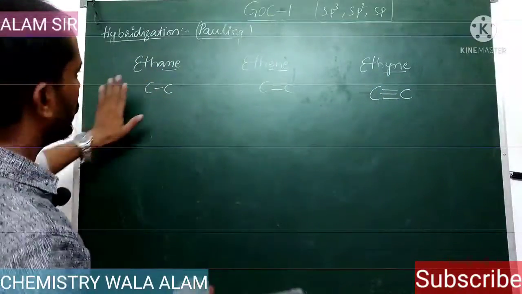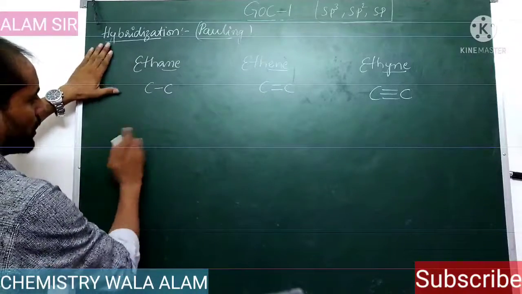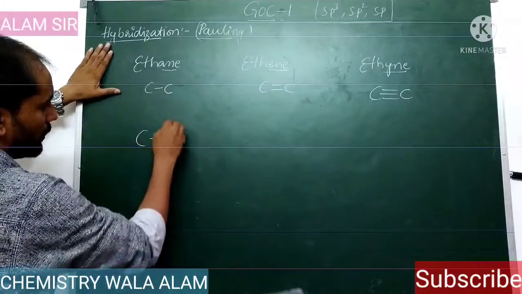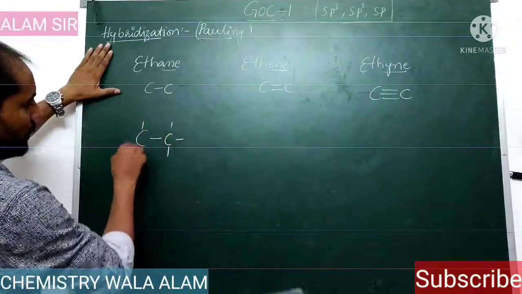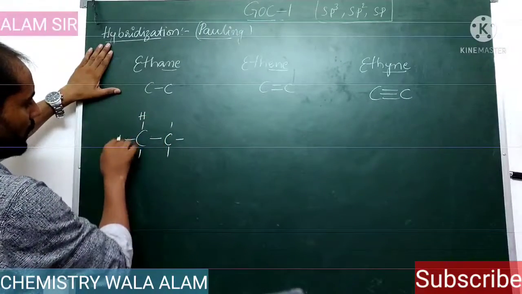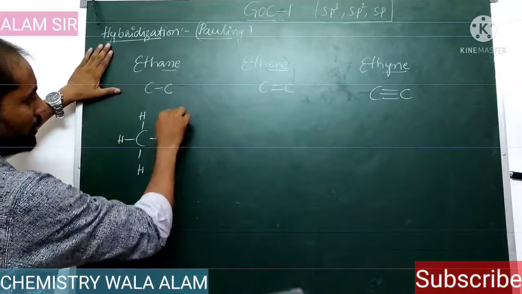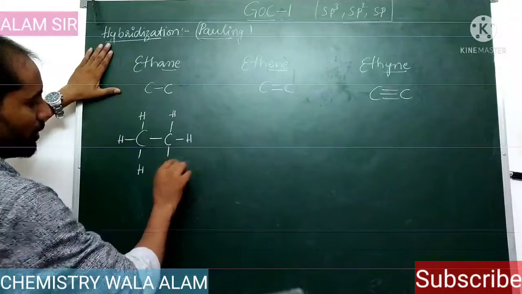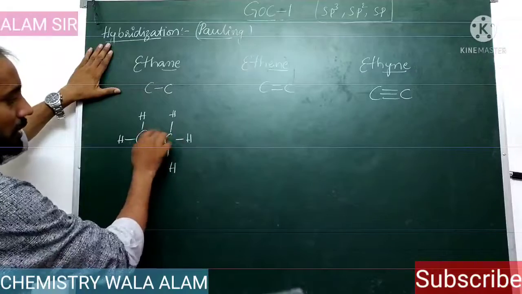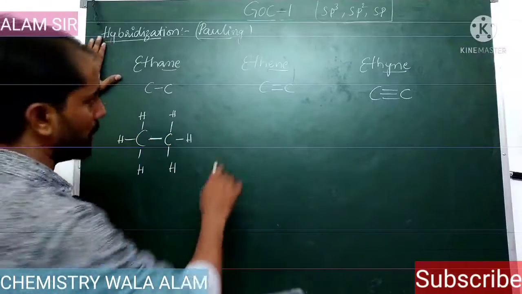Yesterday we discussed that while writing the structure, it must satisfy four bonds. So one bond with the other carbon, and the remaining three bonds with three hydrogen atoms. So between carbon and carbon there is only one sigma bond.